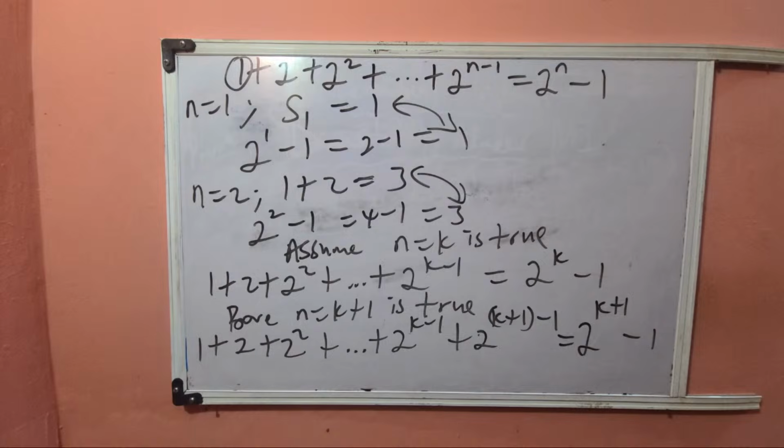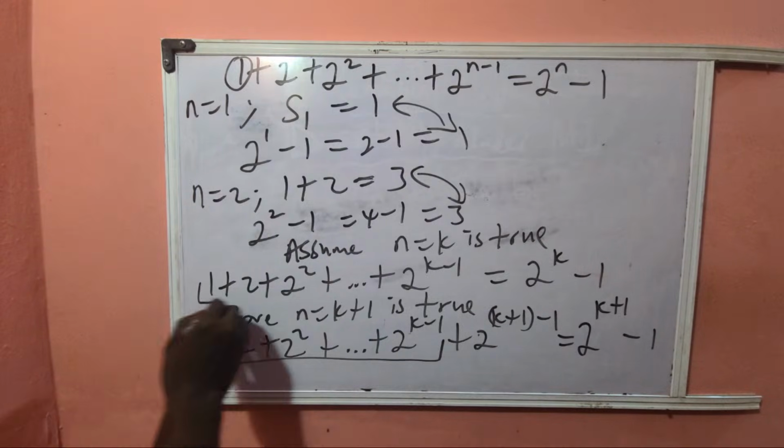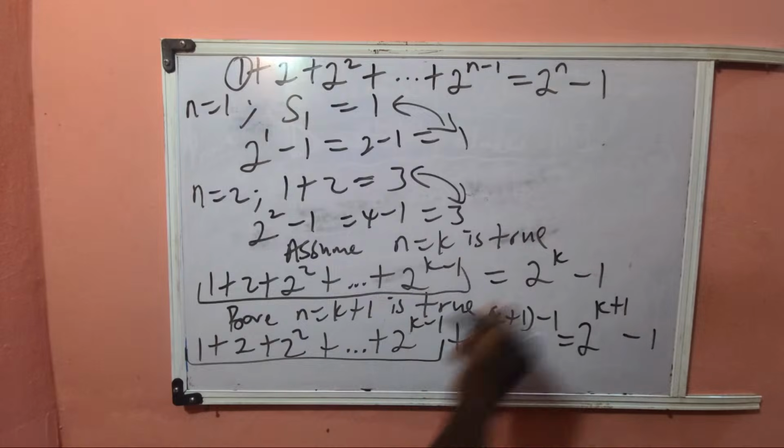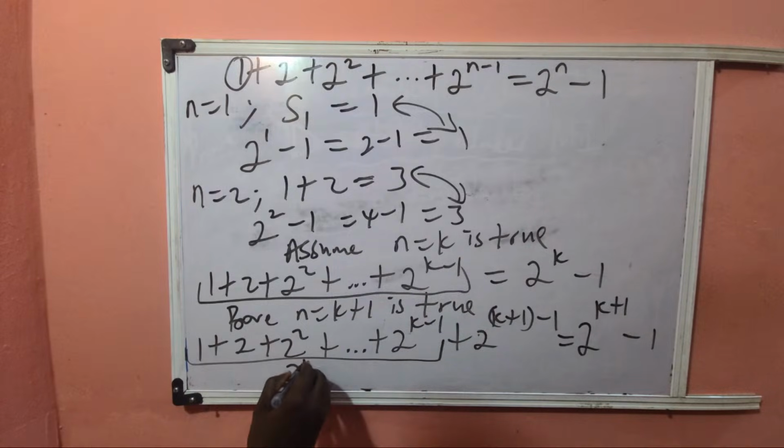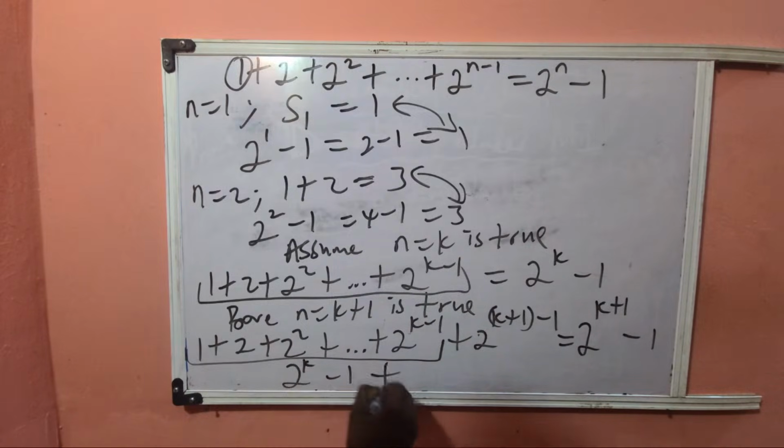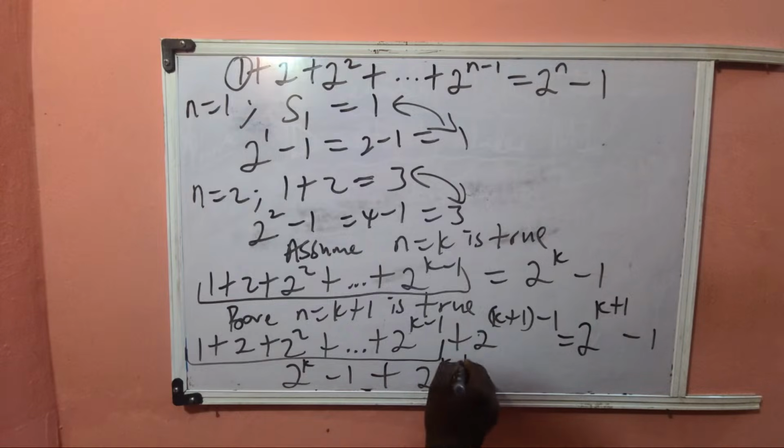I'm sure you guys are following. I'm sure you can flow with what we're doing. So I can see this already exists here. All this exists already. So I can just write this as 2 raised to power k minus 1 plus 2 raised to power k plus 1 minus 1, that's k.